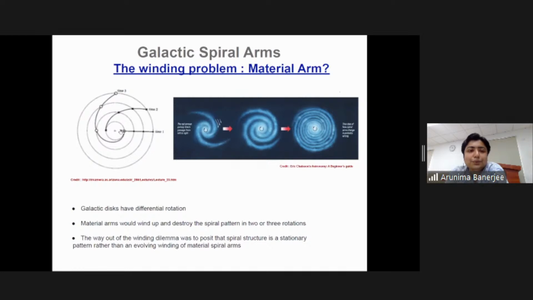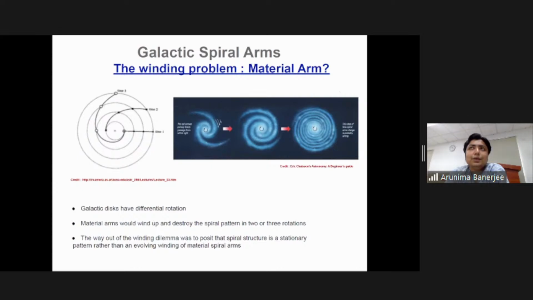Suppose I draw on the surface of the galaxy a spiral pattern like this, with chalk. What would happen? After some time, those points which had constituted the spiral at t equal to 0 would become like this, just because the different annuli are not at the same angular speed.